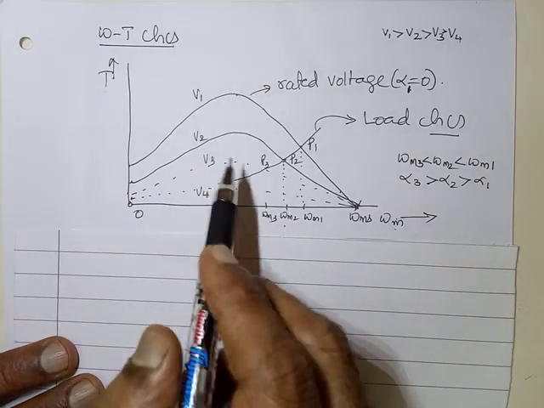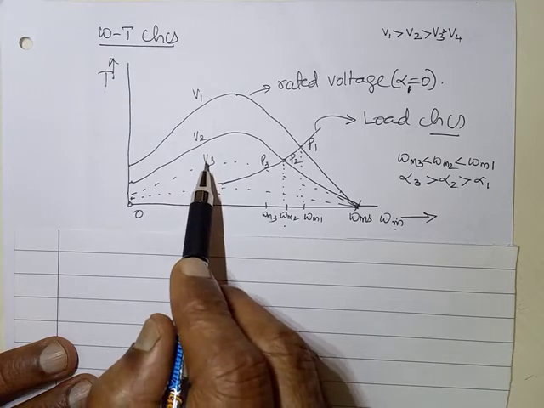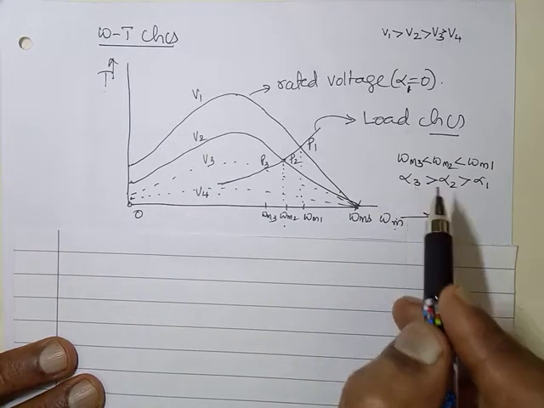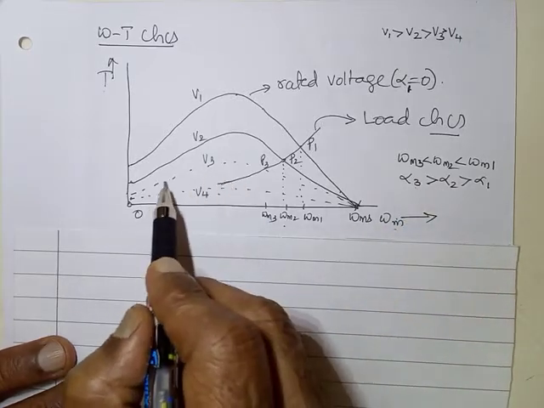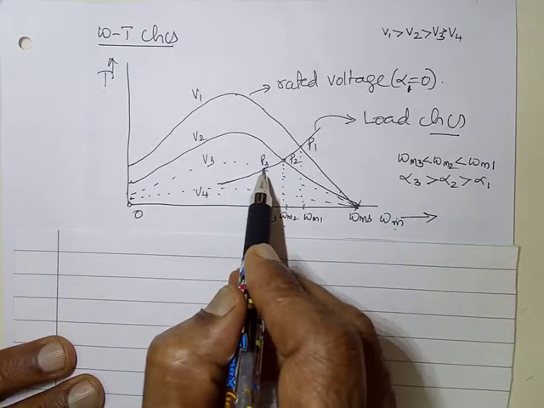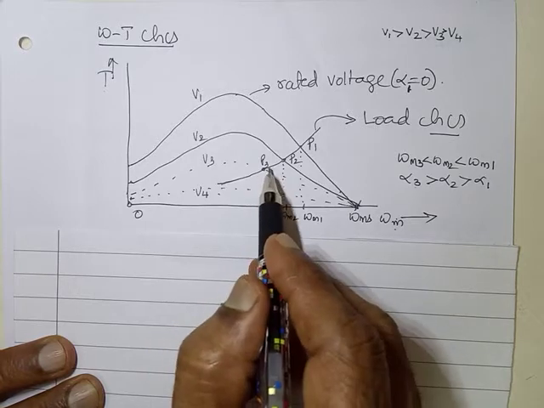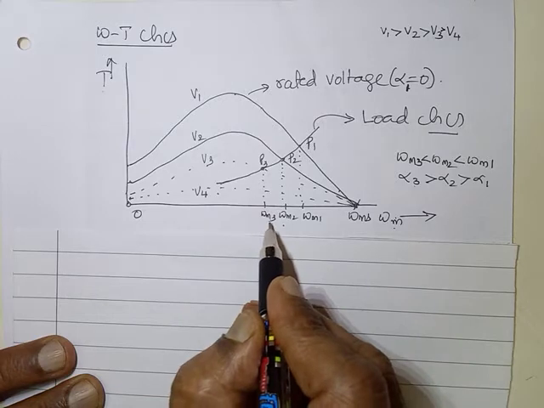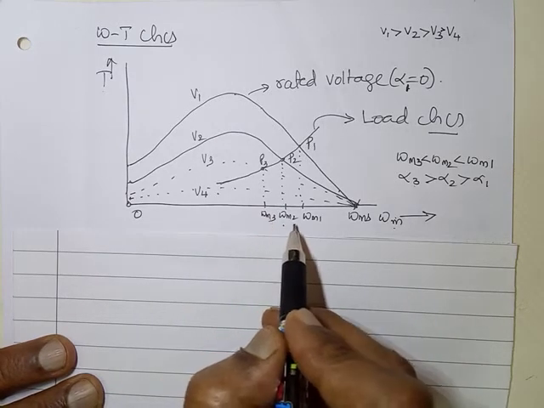Now, if I still reduce the voltage from V2 to V3 by making the firing angle alpha 3, then the characteristic of the motor will be this, and the operating point will be P3, thereby giving me a speed omega m3, which is still less than omega m2.